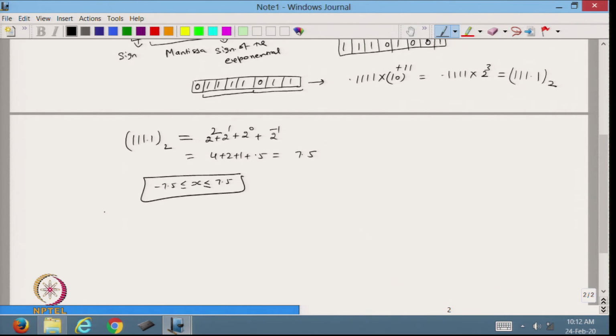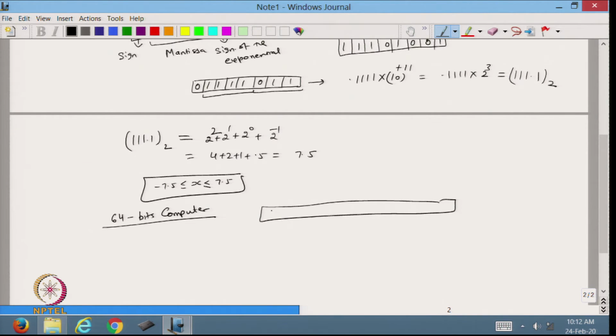In a similar way we can define it for the 64-bit computers we have these days. In this case the first bit is for the sign, next there are 52 bits, and 52 bits is for the mantissa part.